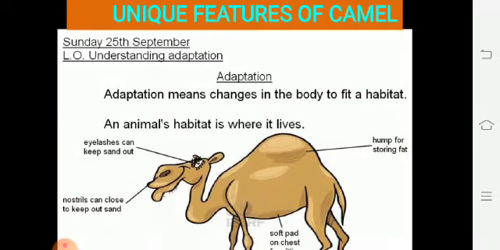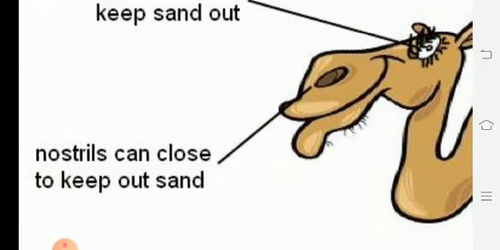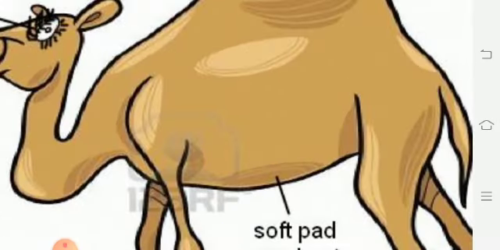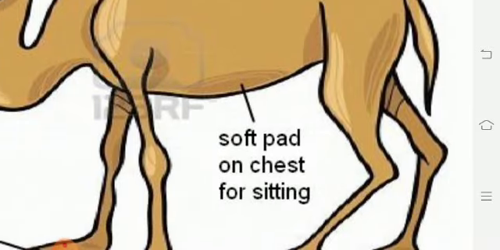Another unique feature of the camel is the nostril. Nostrils can close to keep out sand. When strong winds blow, the camel's nostrils can open and close, so nostrils are closed when strong winds blow. Next, a soft pad on the chest for sitting. The camel has a soft pad on its chest for sitting, and this soft pad protects the body of the camel from the heat.